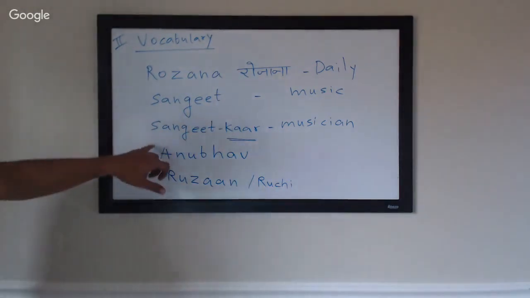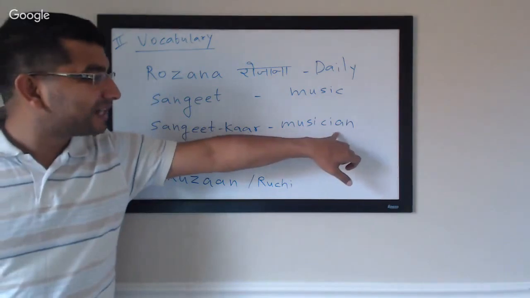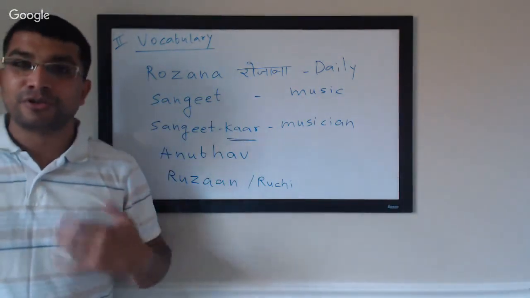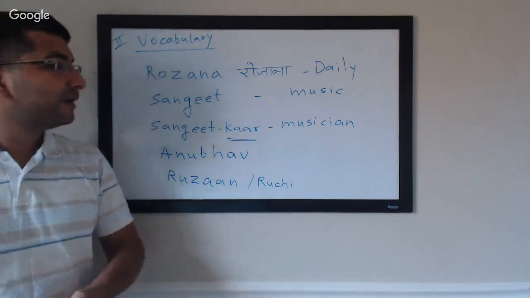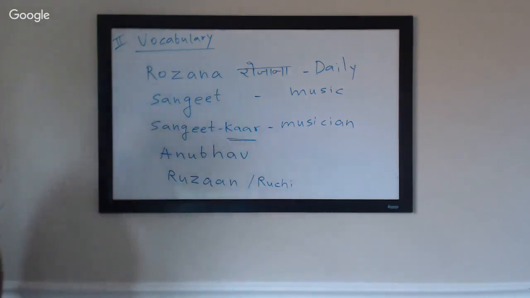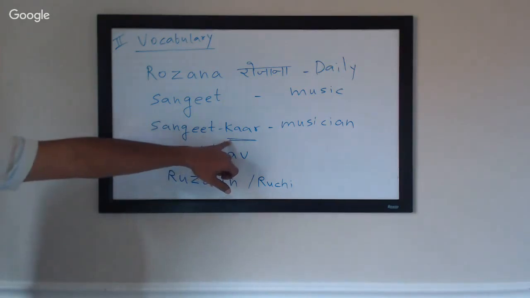Same thing in English, right? Music is music, and when it's ending with IAN, musician, or physician. So you can tell that the suffix is IAN. Similarly, in Hindi, it's kar, and we can do a separate small exercise on that, so that way it's pretty clear.